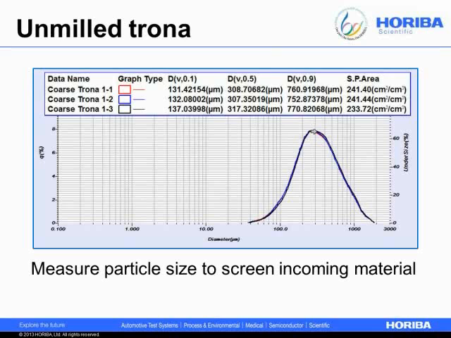The D50 is the point at which 50% of the particles are finer, and the D90 is where 90% of the particles are finer. So it gives you an idea of the fine particles, the middle particles, and then the coarse particles. What I'm also showing here is that the LA950 assumes everything is a hard sphere, so every material that goes into it, it's the easiest way to solve the scattering equations.